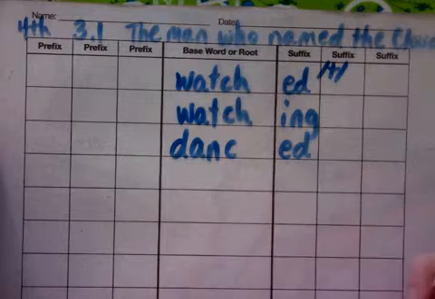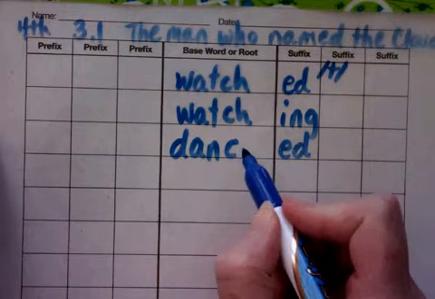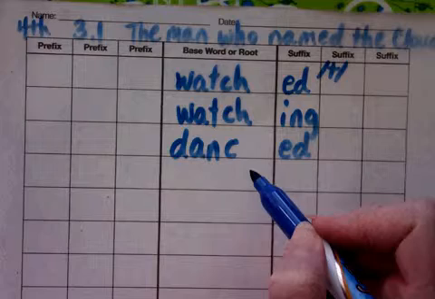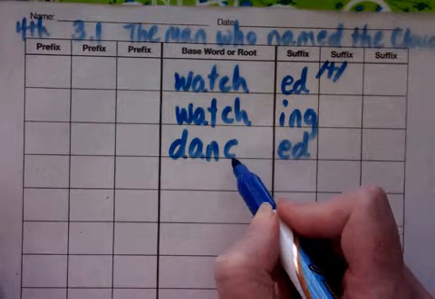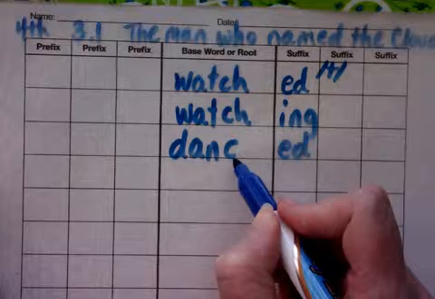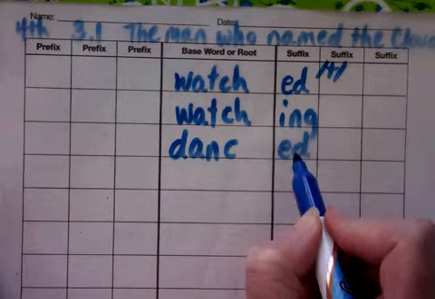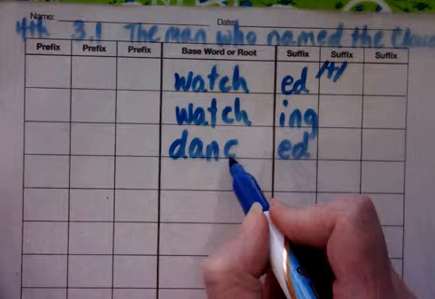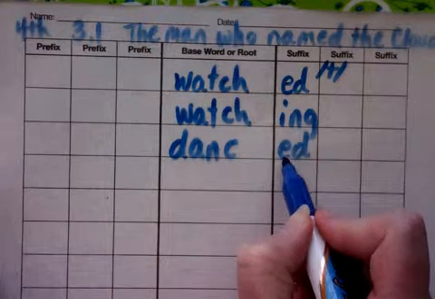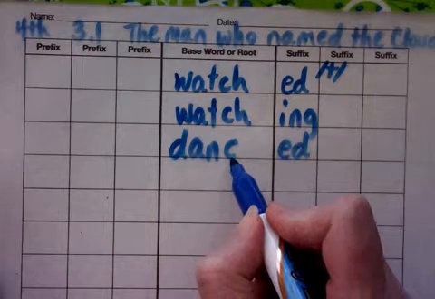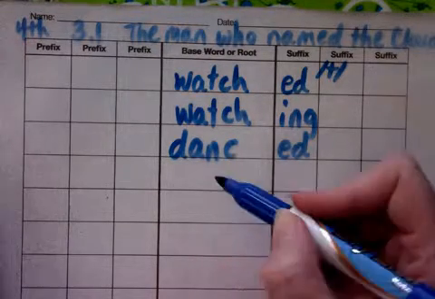That e helps the C say the S sound, because C followed by an E, I, or Y makes the C say the S sound. This E is gone, but this E is doing that job. So this E is doing two jobs. It's part of the ED ending, and it's helping the C say the S sound.